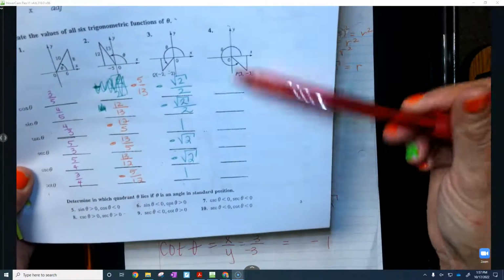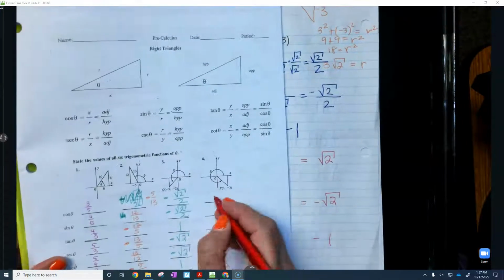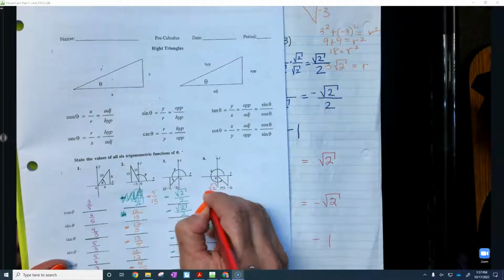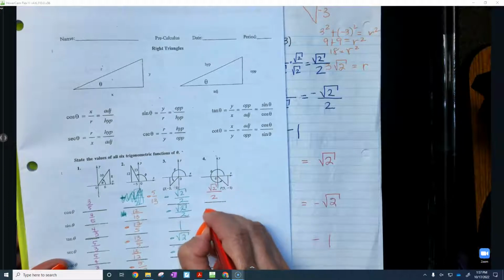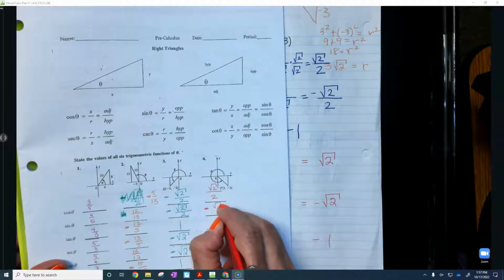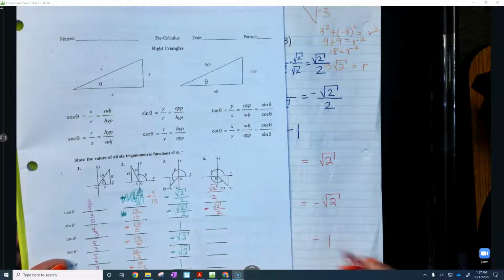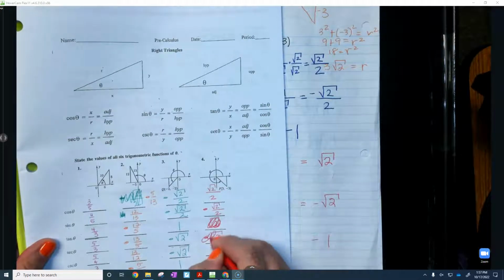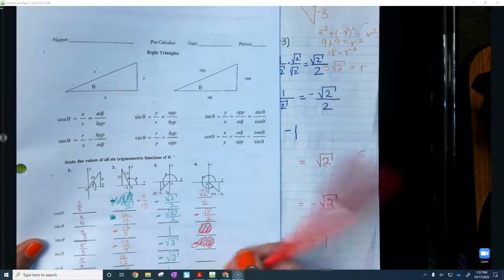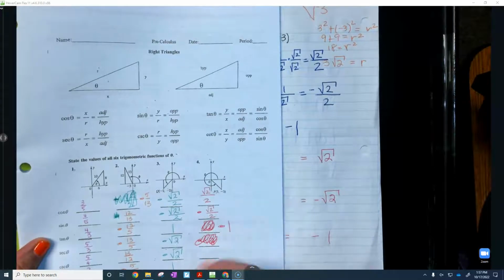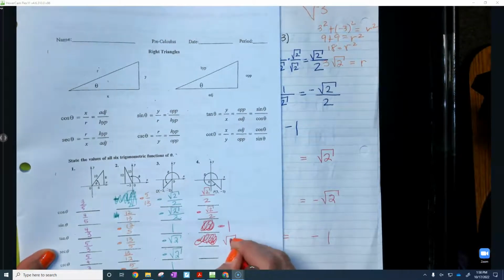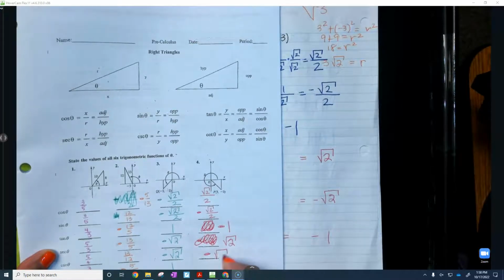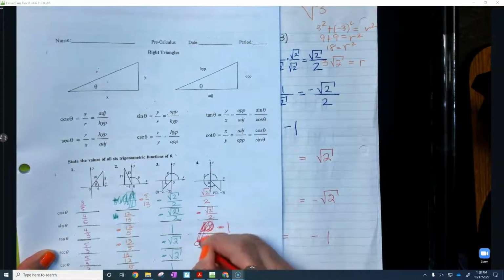So kind of bold out your negatives here. I skipped one. This is -1. Then we had +2. Then a negative root 2. Then our -1.